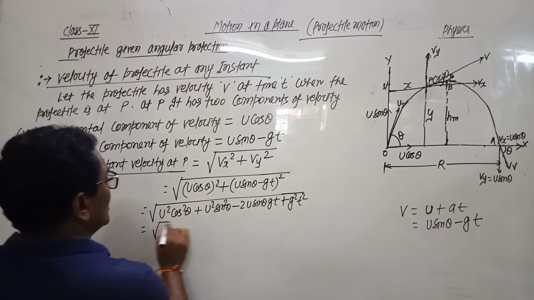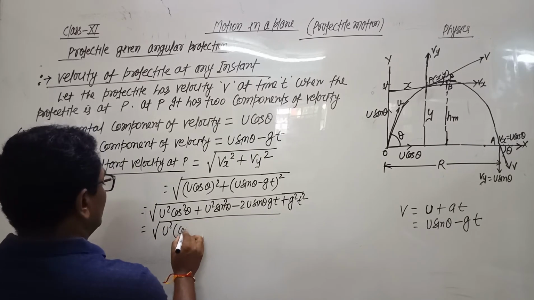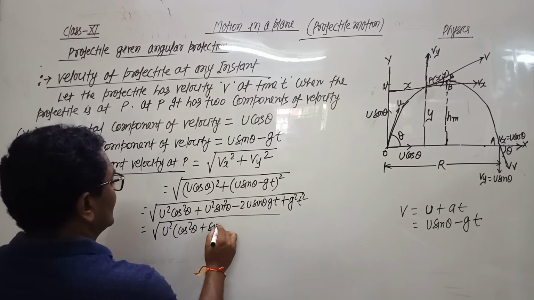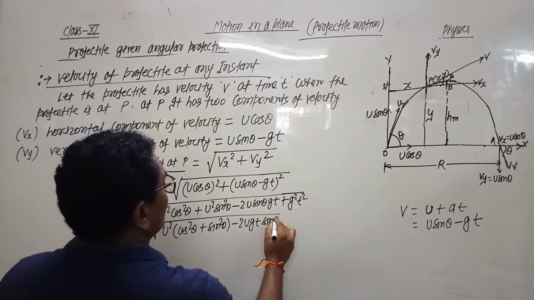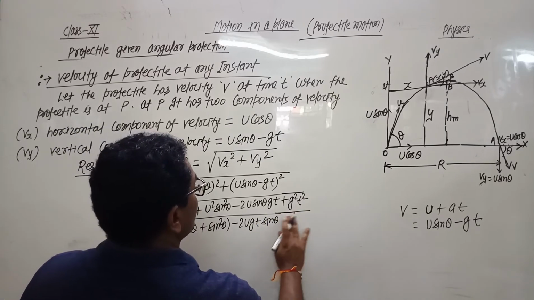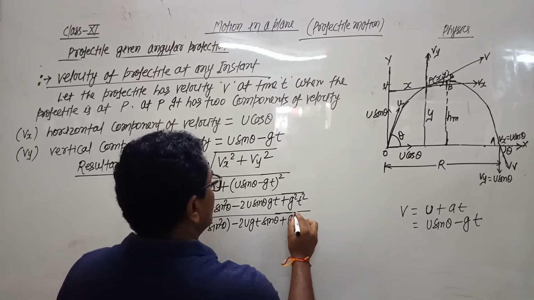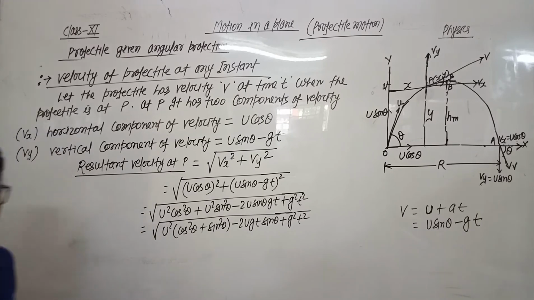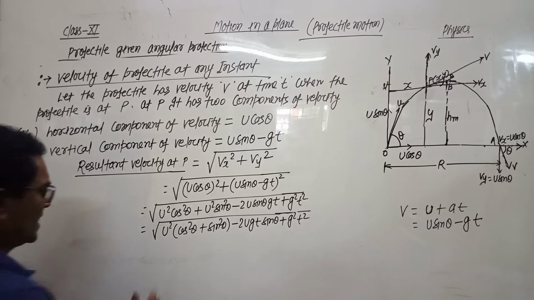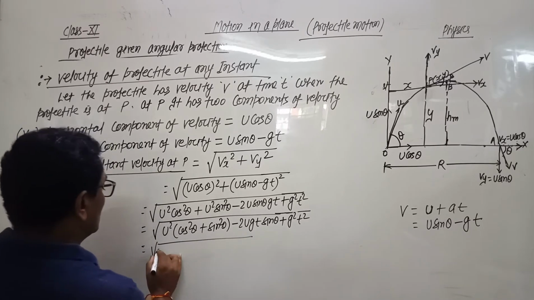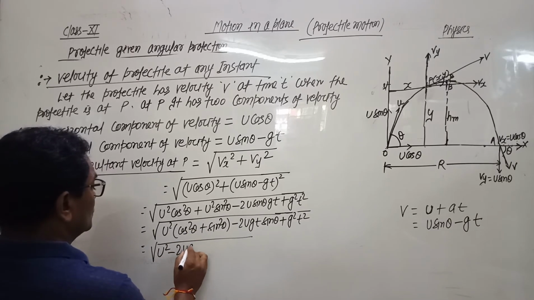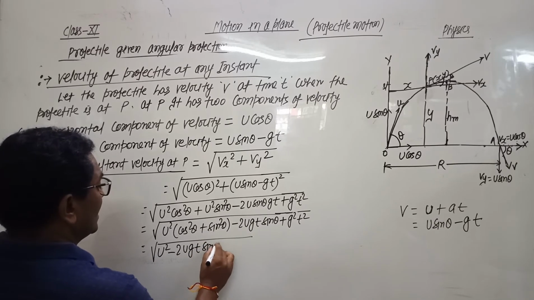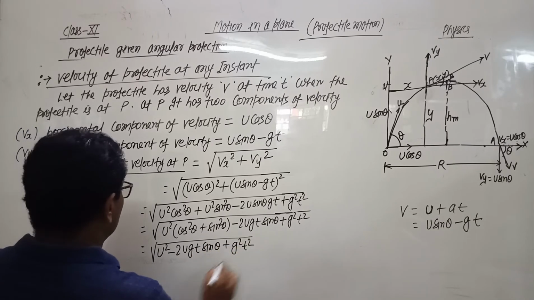From these two terms u square is common, we get cos square theta plus sin square theta, minus 2u gt sin theta, plus g square into t square. Now cos square theta plus sin square theta becomes 1. So we get under root of u square, minus 2u gt sin theta, plus g square t square.